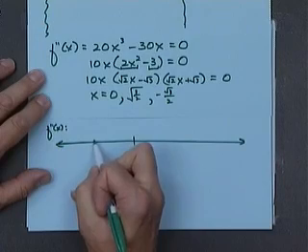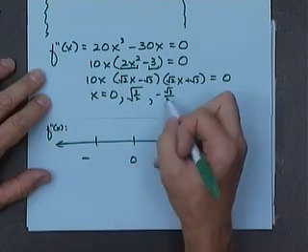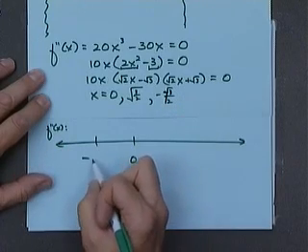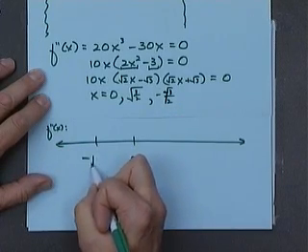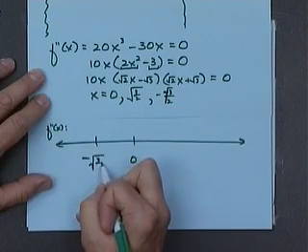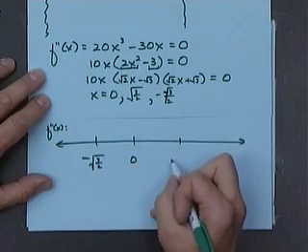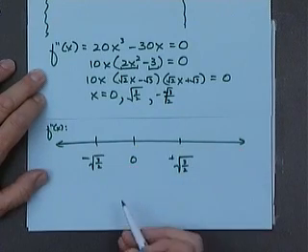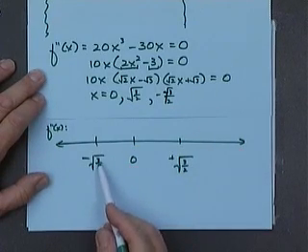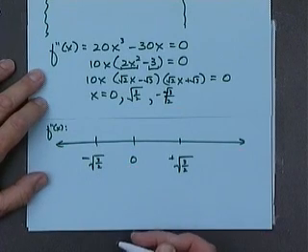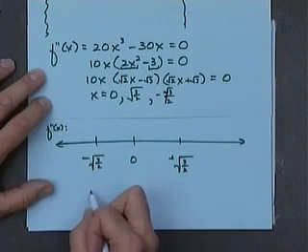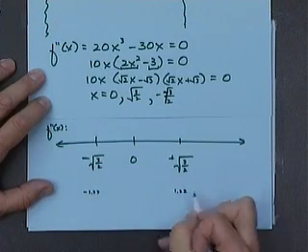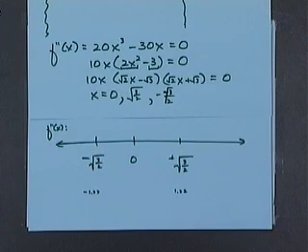So 0, negative, shouldn't that be all over 2? What's a good decimal approximation for square root of 3 halves? 1.22. And positive 1.22. So that'll give us an idea where we are on the number line.